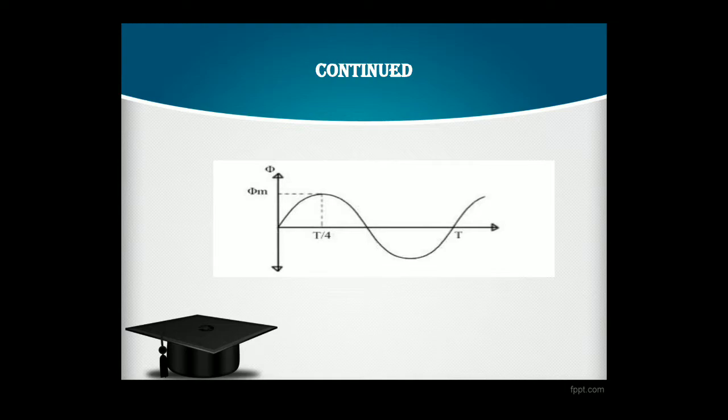The maximum value of the flux is phi m and the time period is T. Here you can see that this is T by 2 and this is also T by 2, hence the total time period is T. The maximum flux is obtained at T by 4 seconds. This is the maximum value of flux, phi m stands for maximum flux.